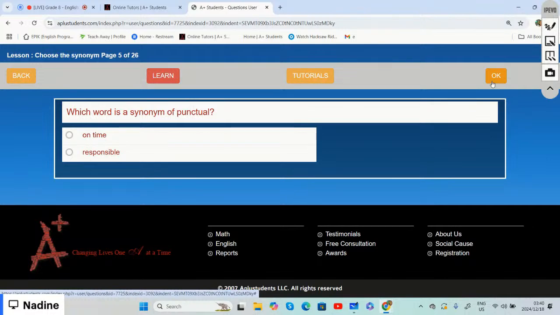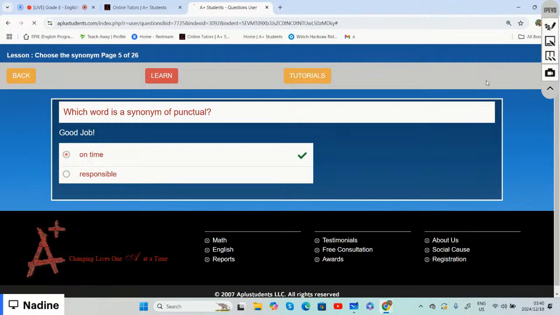If we were to identify the word that's the same as or almost the same as punctual, then we can say if you're punctual, you are on time.